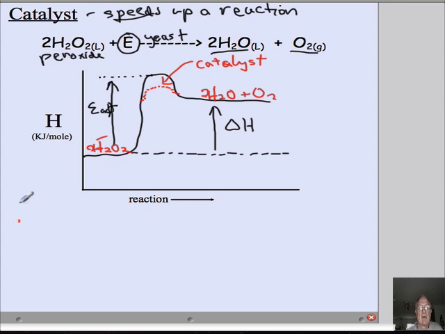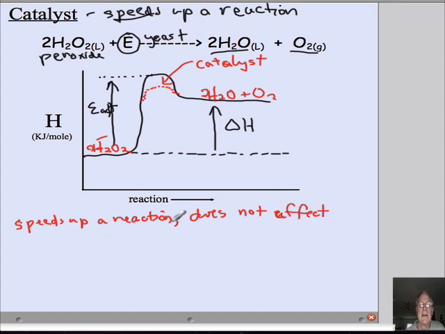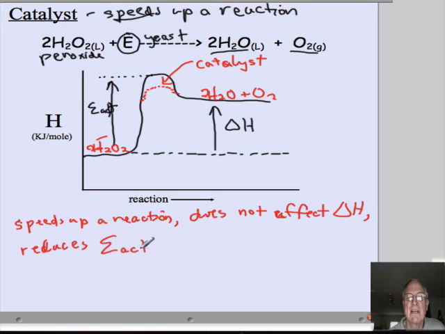A catalyst is a chemical which speeds up a reaction, does not affect the heat of reaction, but rather reduces the activation energy to make that occur.